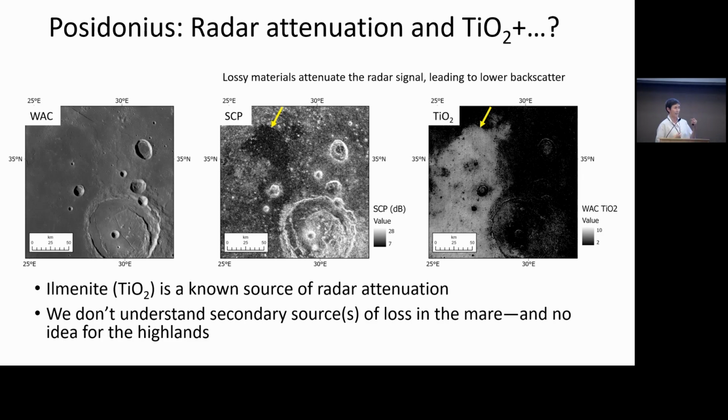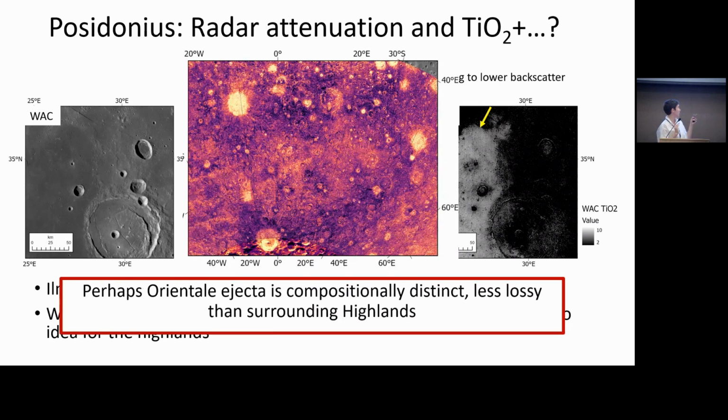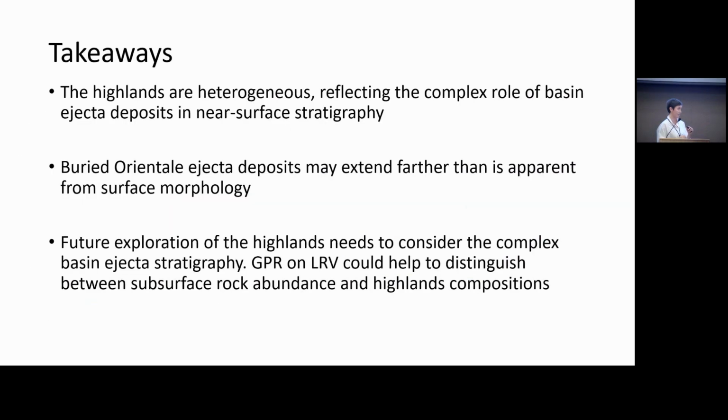And we know that there is very little ilmenite in the highlands. So there are obviously secondary components to radar wave attenuation, and we don't know what they are. We don't know what they are in the mare, and we have no idea for the highlands. So I don't know what the compositional variation could be, but this could be a cool place to investigate some sort of secondary radar attenuation signal.